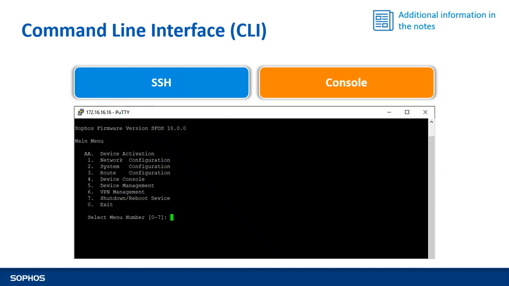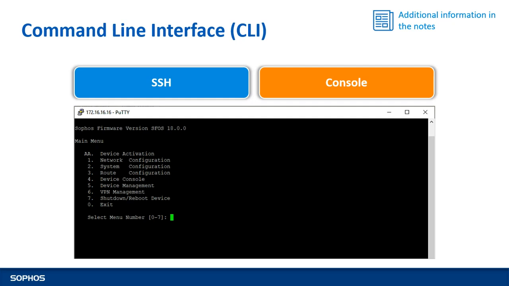Although Sophos Firewall is managed through a web interface, it also has a command line interface that can be accessed via SSH, a console connection, or you can use a monitor and keyboard to physically connect to the terminal. You may want to use the CLI to change the IP address of the management port to be in your LAN IP range, so that you can connect to the web admin to complete the initial setup wizard.